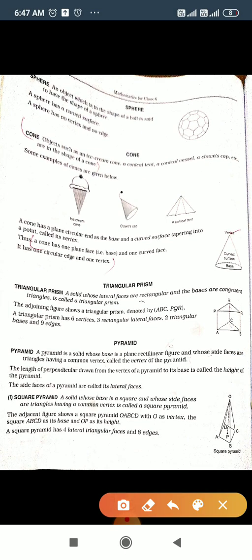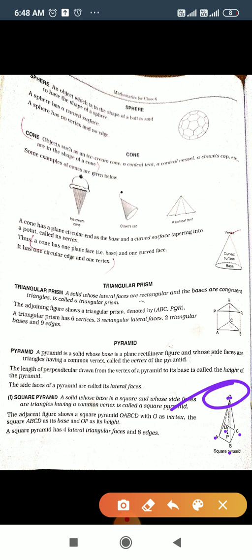The given figure shows a square pyramid OABCD, O as vertex, the square ABCD as its base, and OP as its height.